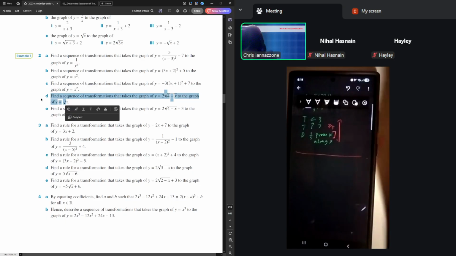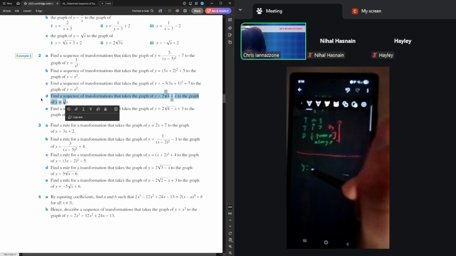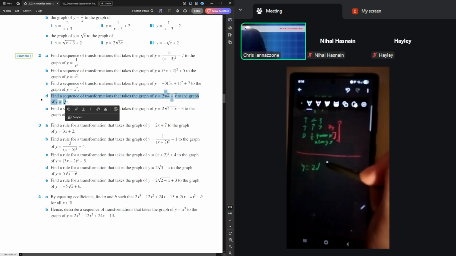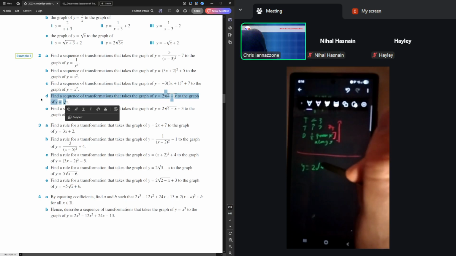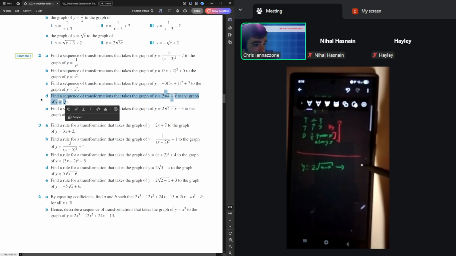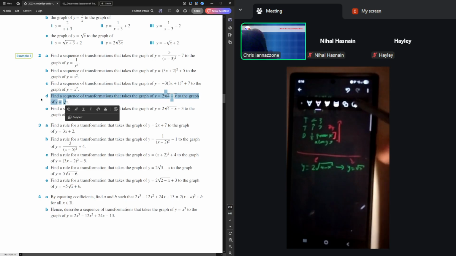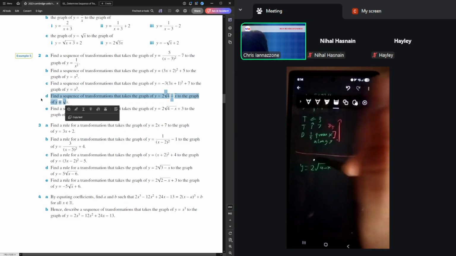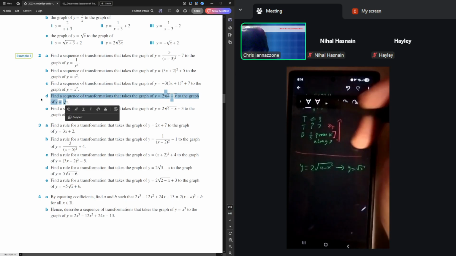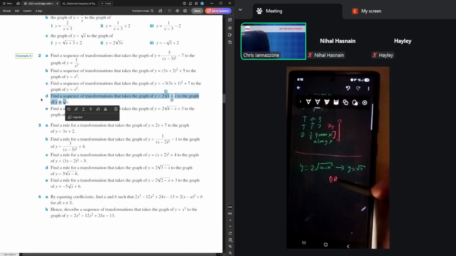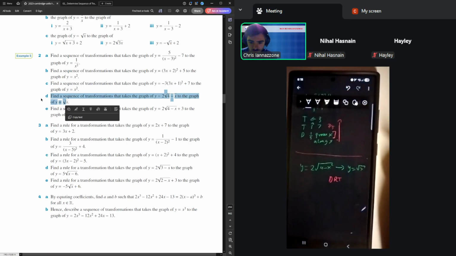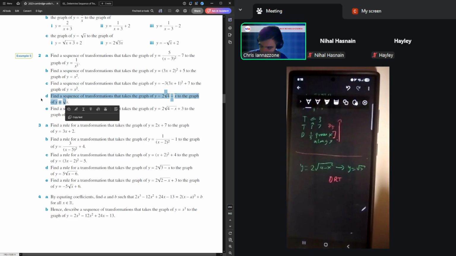Okay, so we're going from the graph of y equals 2 root 4 minus x to the graph of y equals root x. So we want to do a sequence of manipulations on this to make it look like that. We're going to try and apply them in DRT order, because that'll be the nicest way to not erase the things you've currently done.